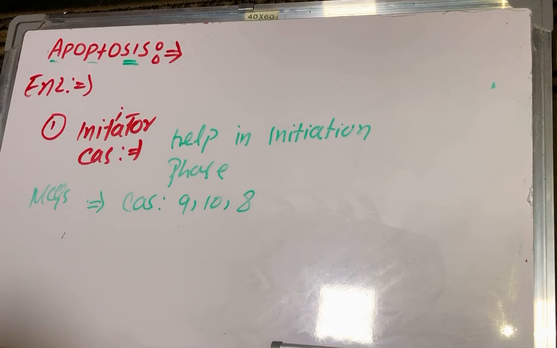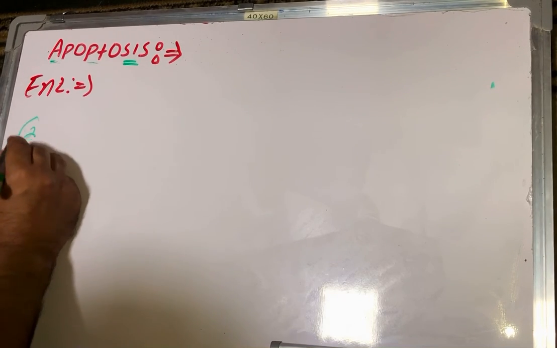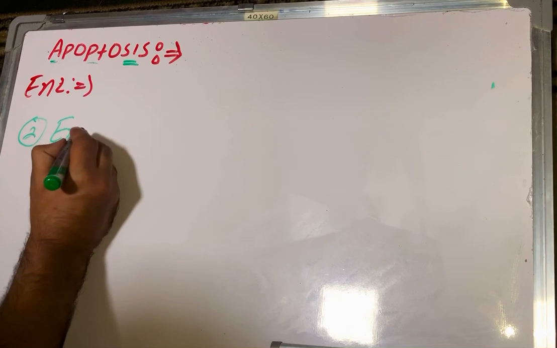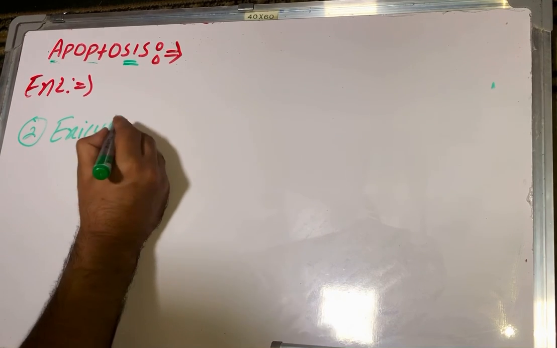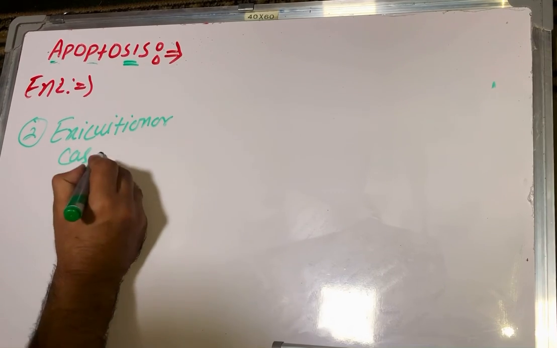And number second one is executioner caspases.